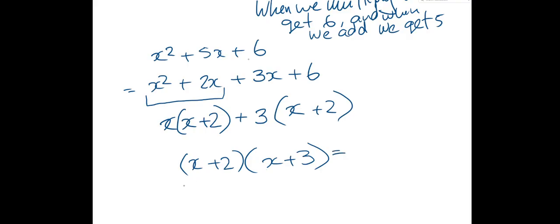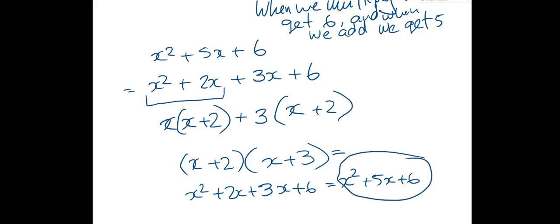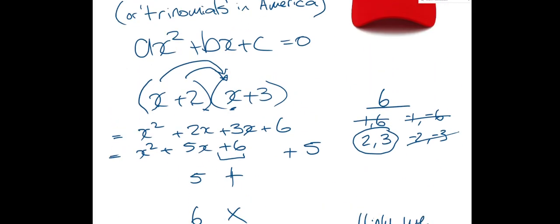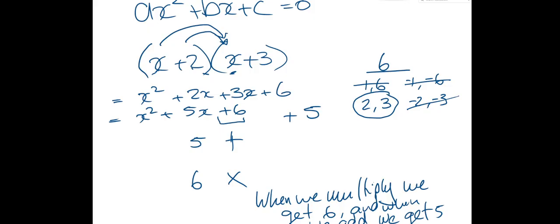And then when we expand it, we get x squared plus 2x plus 3x plus 6, and that equals x squared plus 5x plus 6, which is what we were looking for, all the way back when we started.